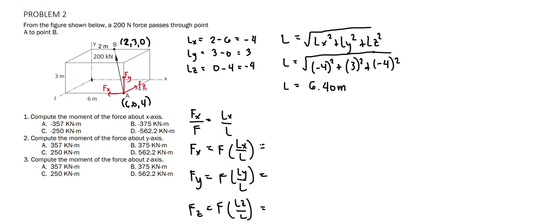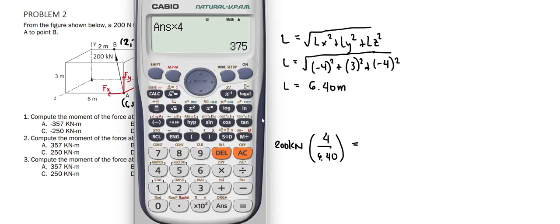Since we only care about the magnitude first, let's disregard the sign of these lengths. So force is 200 kilonewtons times 4 over 6.4. That is equal to 125.